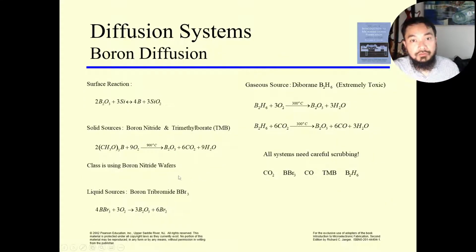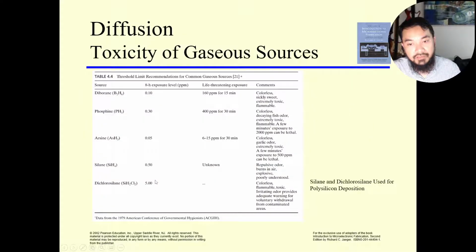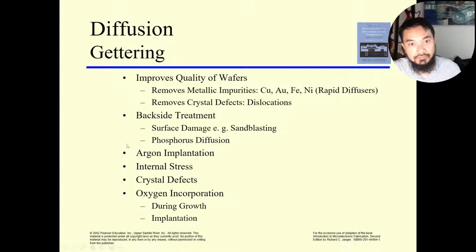You can read through the actual chemical process that's happening, but this one is not so important. If you want to know, you can read through, including gettering. Why do we have gettering?